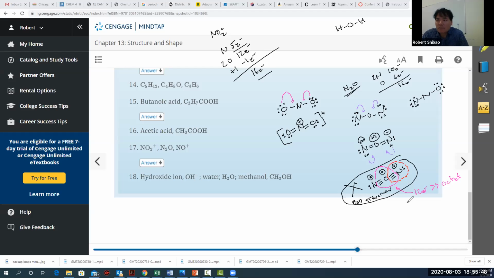An octet is 8 electrons. So sometimes we can have, this is called an expanded octet. The problem is this: carbon, nitrogen, oxygen, fluorine cannot have an expanded octet.